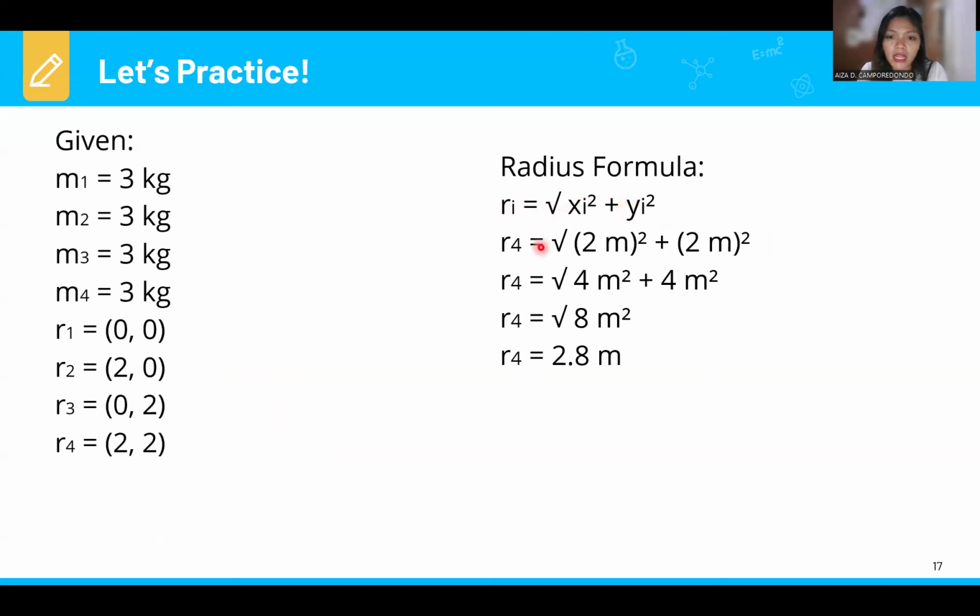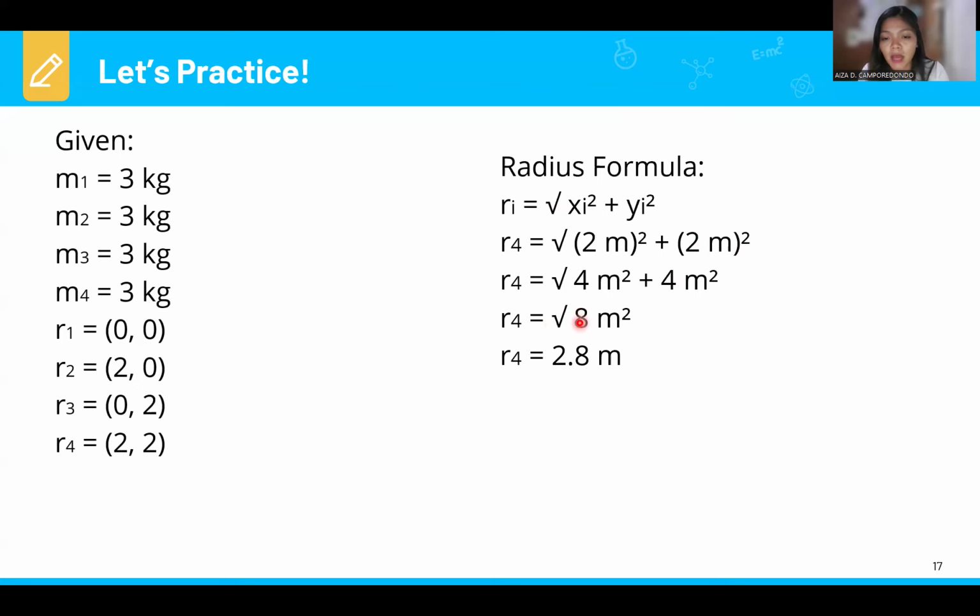The fourth particle is equal to the square root of 2 meter squared plus 2 meter squared. Then 2 multiplied by itself is 4. Same thing right here. And meter times meter is meter squared. We're going to add these, and we will get 8 meters squared.